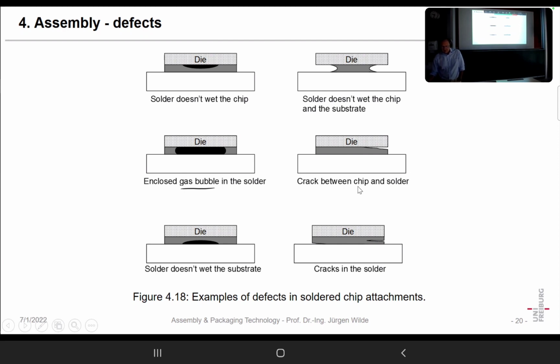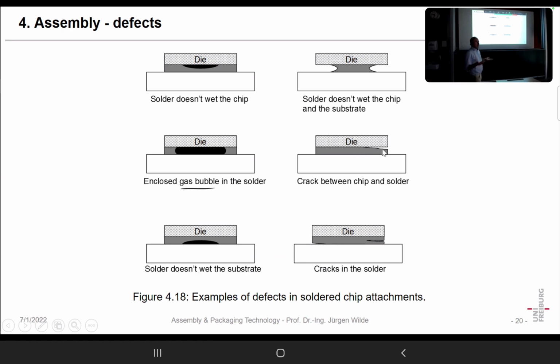You can also have cracks between chips and solder. There are many possibilities. One of the possibilities is after cooling, you build up too high stress between chip and substrate, and that just cracks something in here. That can be a crack in the chip. It can be a crack in the interface.